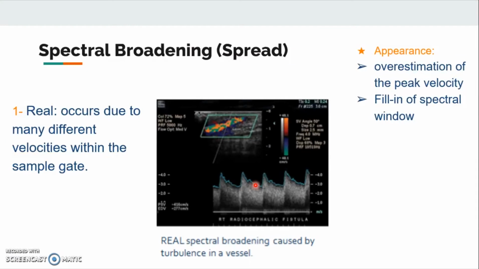Another artifact is spectral broadening, which is also known as spectral spread. It appears as overestimation of the peak velocity, and we have a filled-in spectral window. We have two types of spectral broadening. It could be real, and it occurs due to many different velocities within the sample gate. As we can see here, we have real spectral broadening that is caused by turbulence in a vessel.